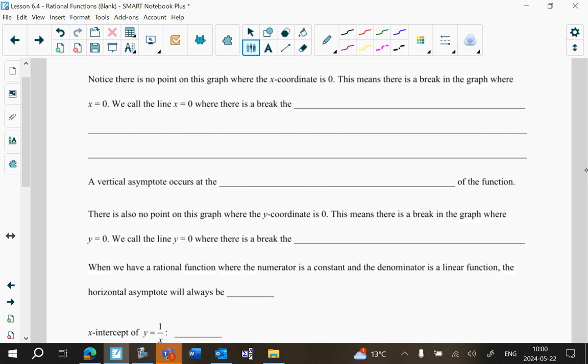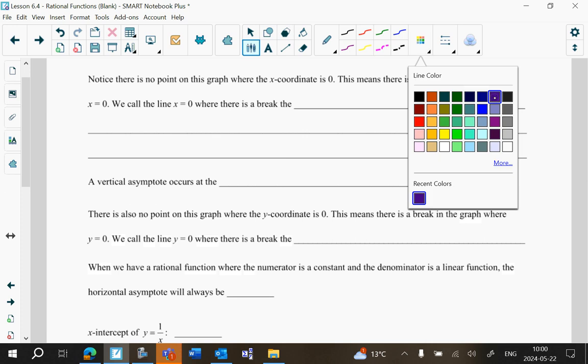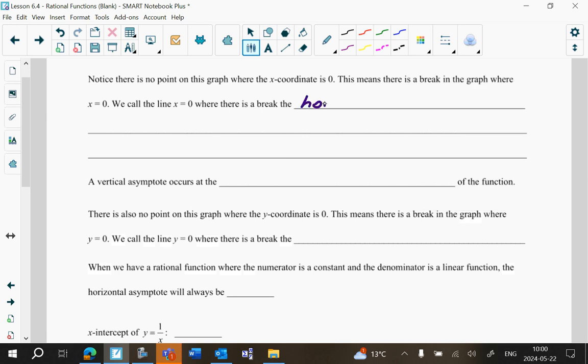We call x equals 0, that dashed line that we drew, that our curves will never touch or cross, the vertical, and this is a new word for you, asymptote.